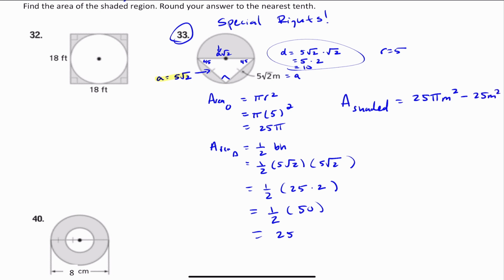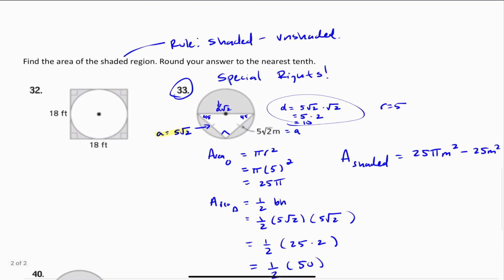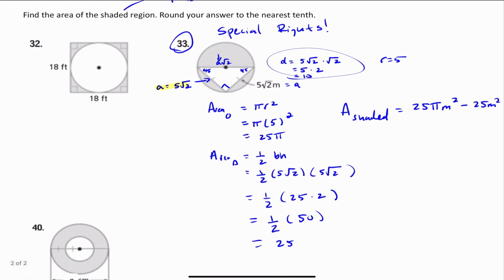So I'm going to put that all into my calculator. So 25, second caret sign to bring up that pi button, then minus 25. And I'm going to round to the nearest tenth here. You should get approximately 53.5 meters squared. That's the area of the shaded region.